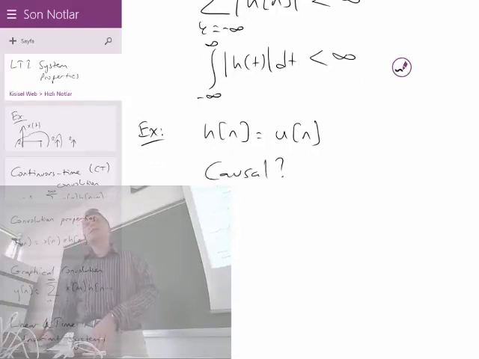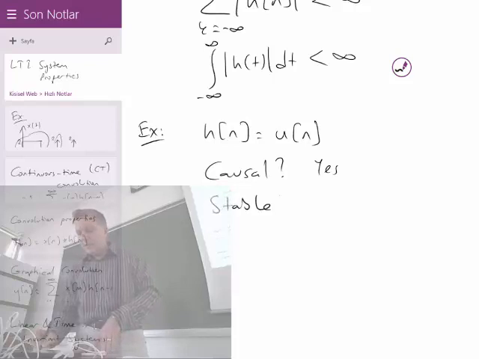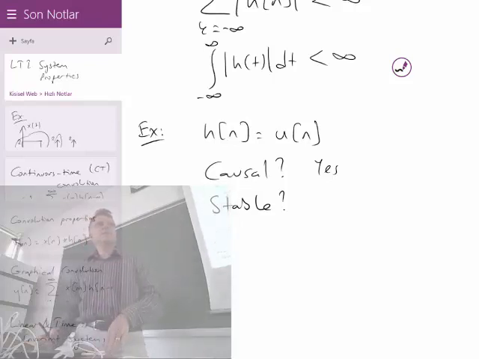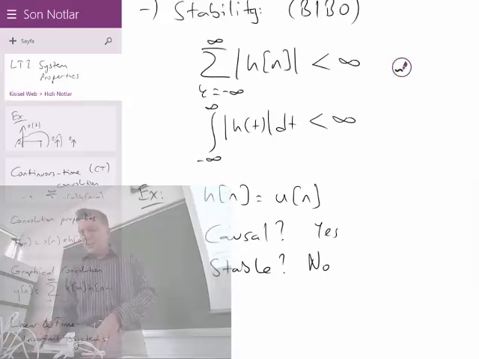Is it causal? Yes, it starts from 0 and goes to the right. Is it stable? What is the infinite summation of ones from 0 to infinity? Infinity, it's not finite. So it's not stable. This thing doesn't hold.